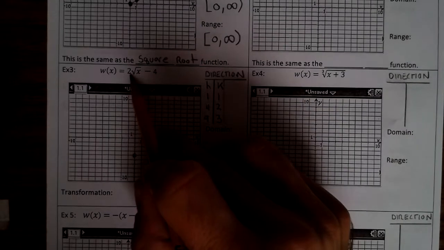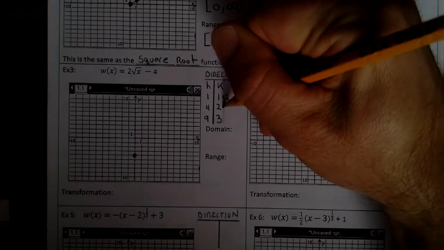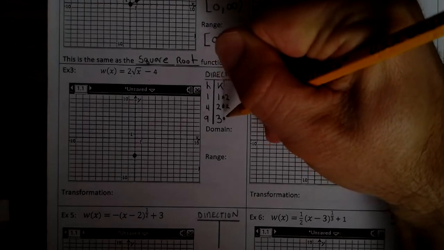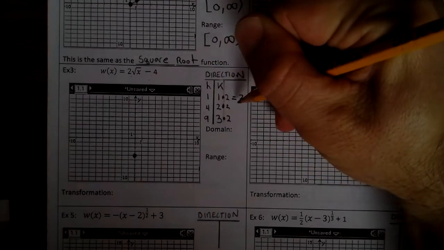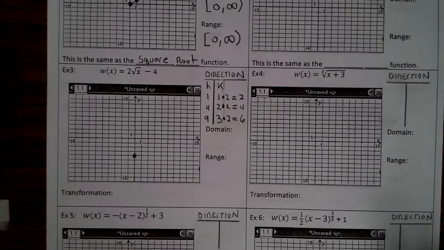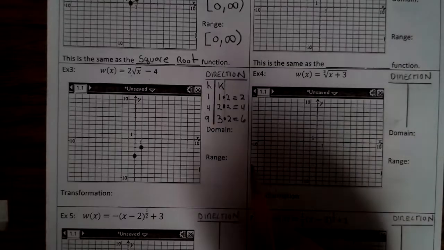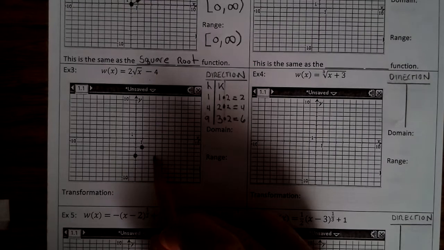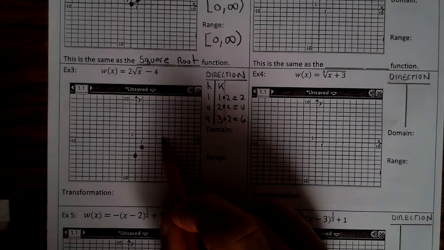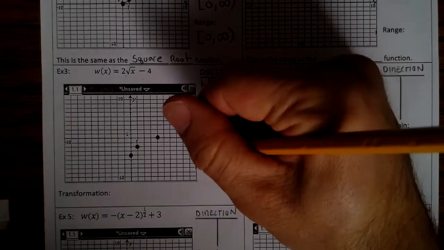So that's times 2, which equals 2, 4, 6. Those are our new directions. From here, we go right 1, up 2. Here we go right 4, up 4. And then right 9, up 6.